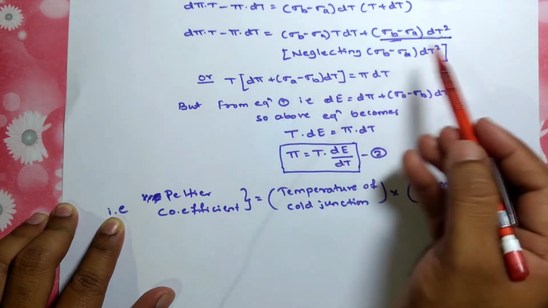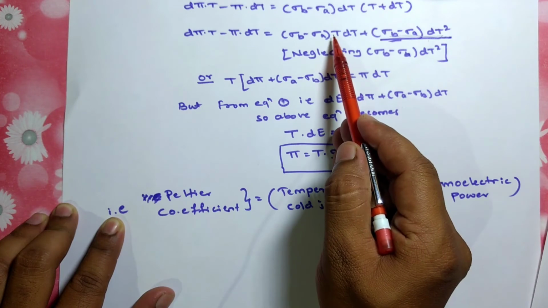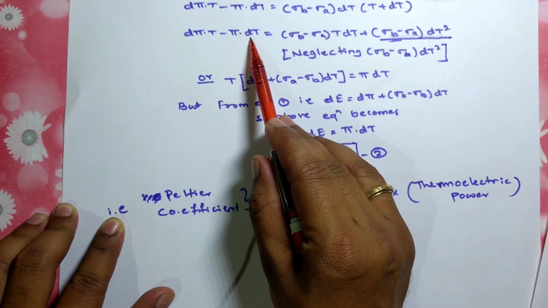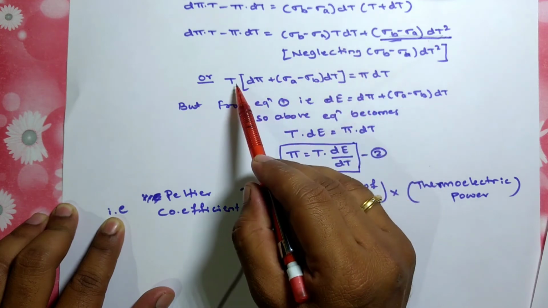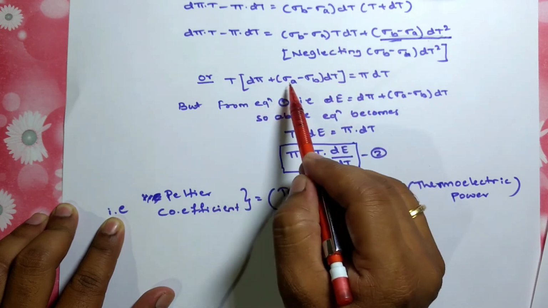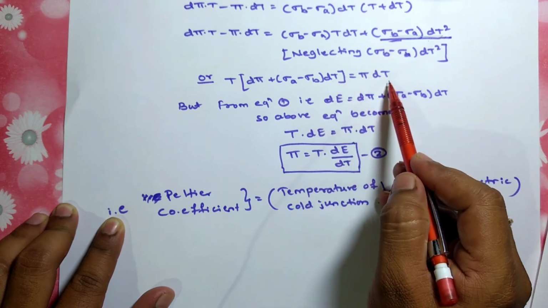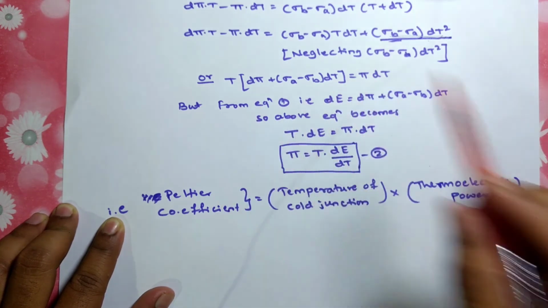Again, I am going to take this term on the left hand side and pi dt on the right hand side. So we will get T into (d pi plus sigma A minus sigma B dt) is equal to pi dt. Let us look at equation 1.